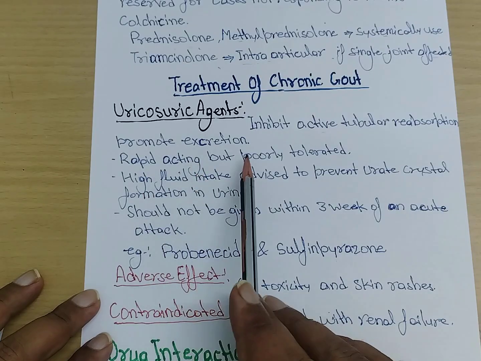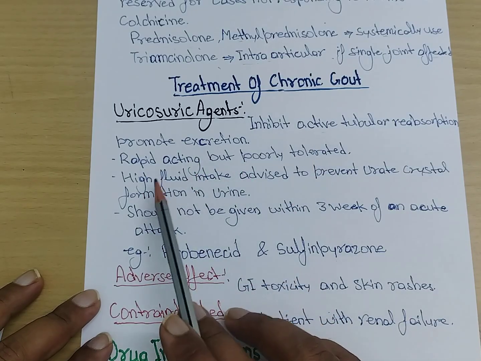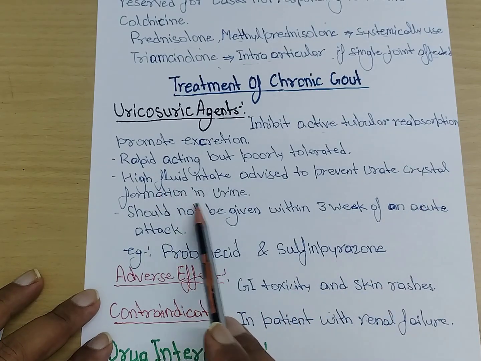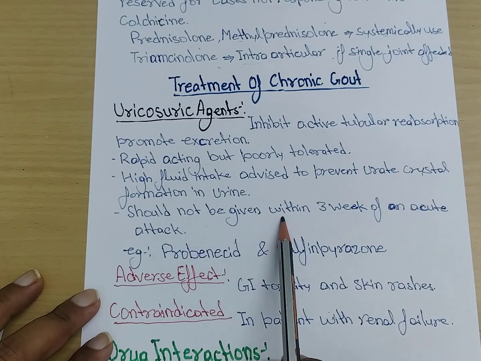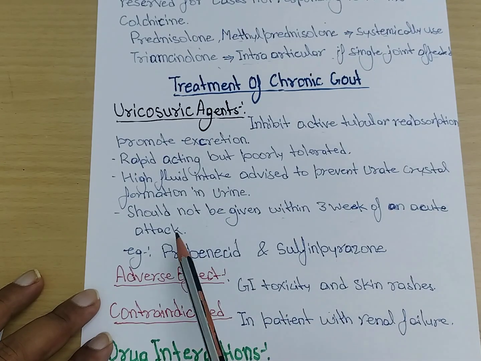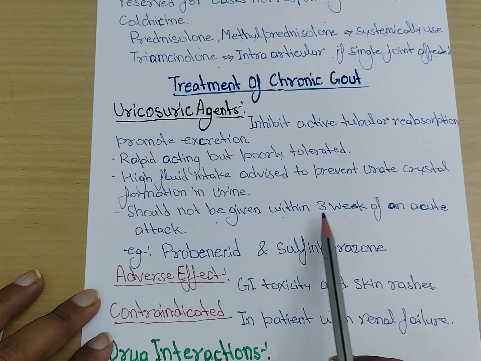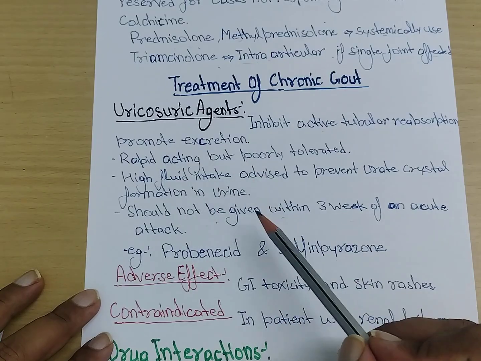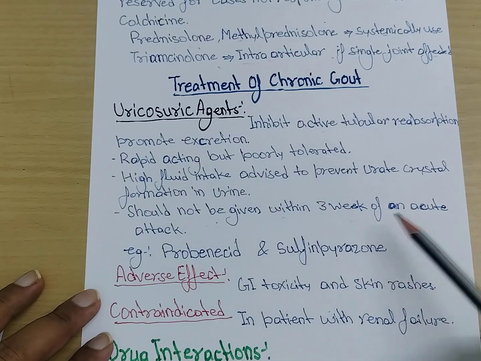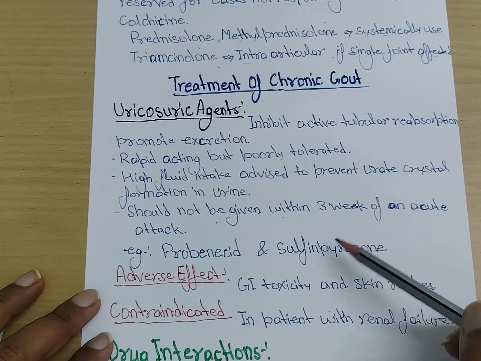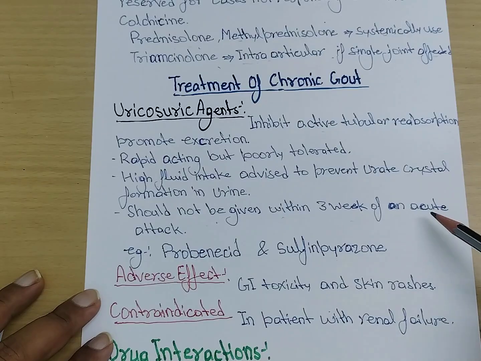This is rapid acting but poorly tolerated. High fluid intake is advised to prevent urate crystal formation in urine. It should not be given within 3 weeks of an acute attack because it promotes the mobilization of uric acid deposited in various parts, and it further aggravates the gouty condition.